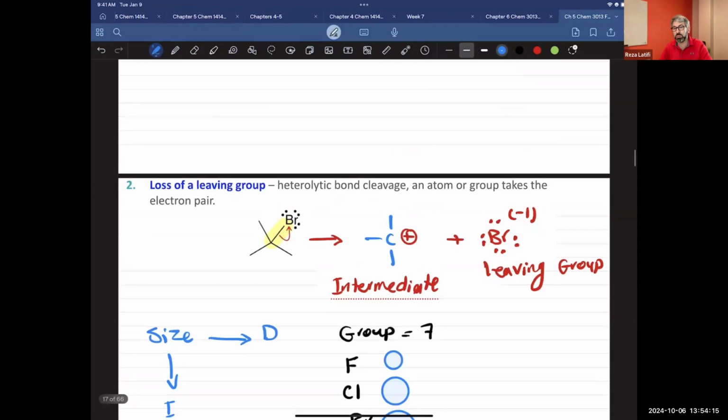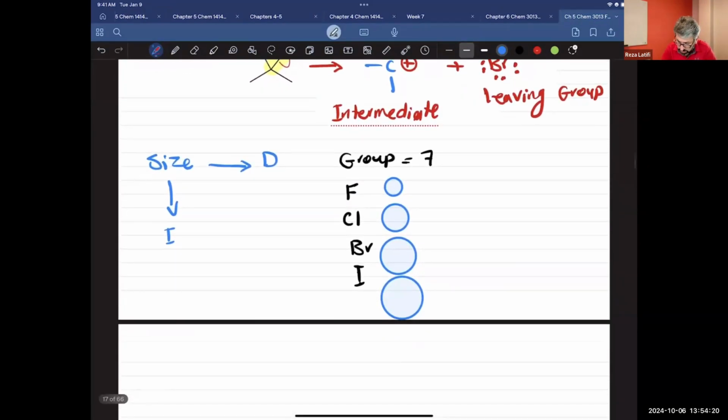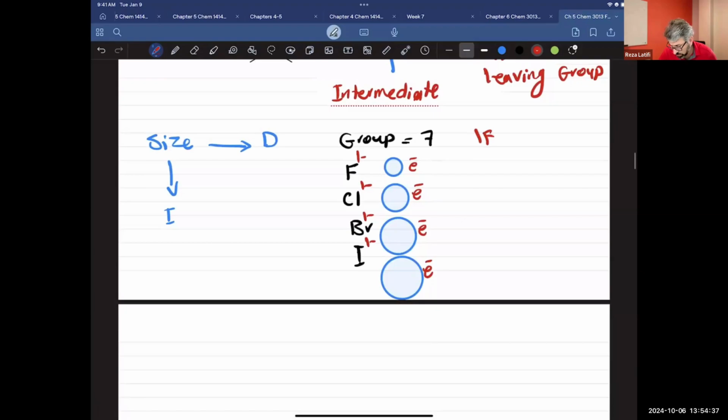Now, what did we form? We form an anion, which means there will be a negative charge. Each of these particles is going to have a negative charge sitting on it. Which one of them is more capable of handling this extra negative charge? Each one will be -1, and I'm going to write this: if the ratio of charge to volume goes down, the system will be more stable.